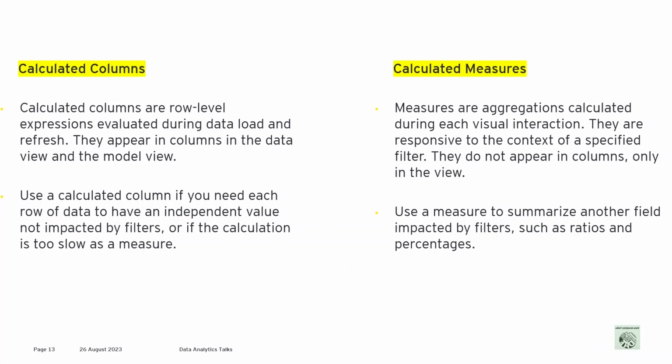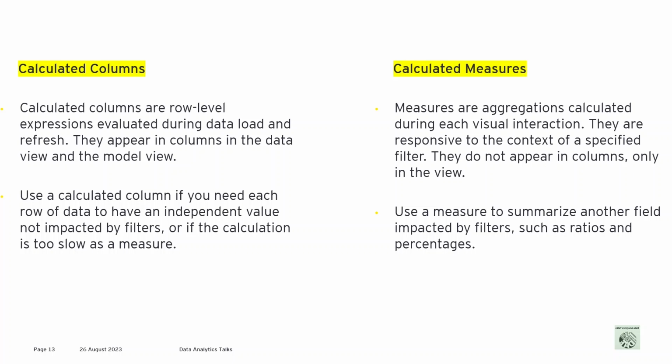So finally, the question is what to use, when to use. From these examples, you have understood when to use calculated column and when to use measures. But still, as a summary, let me put it here. Even if they look similar, there's a big difference between calculated columns and measures. The value of a calculated column is computed during the data refresh and uses the current row context.